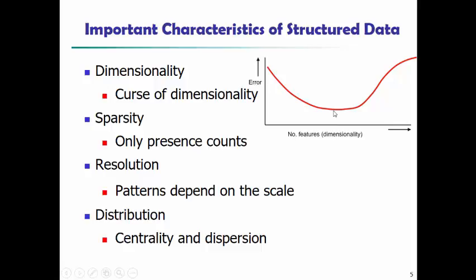According to the research, the optimal number of dimensions to be considered for data mining is 7. Aha, so lucky 7, right? Lucky 7.